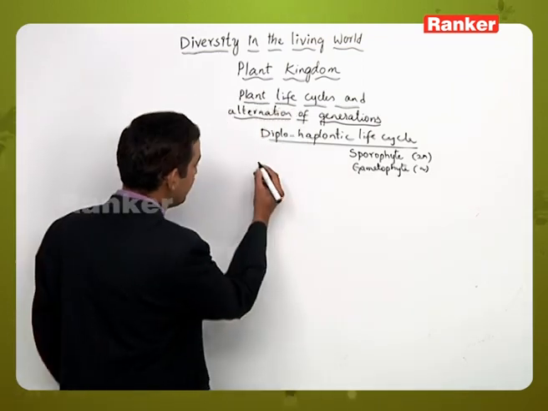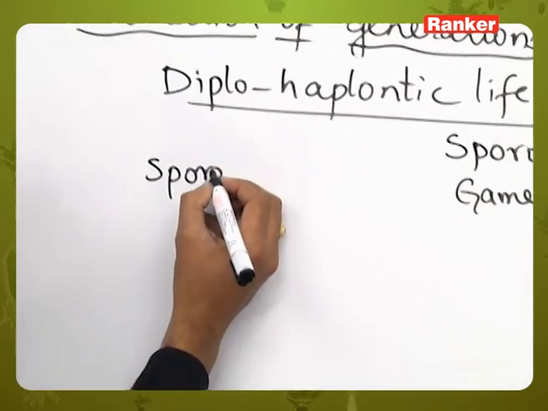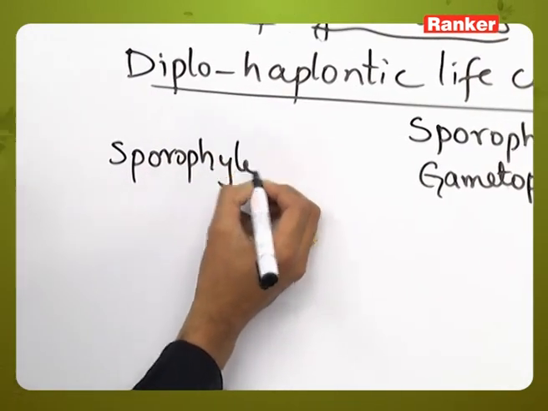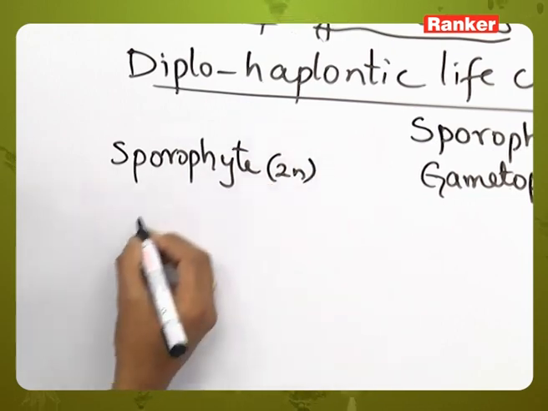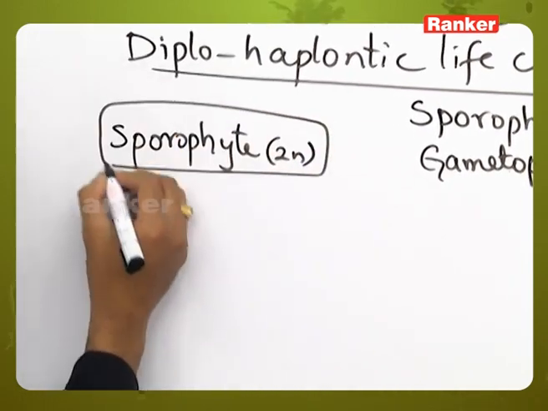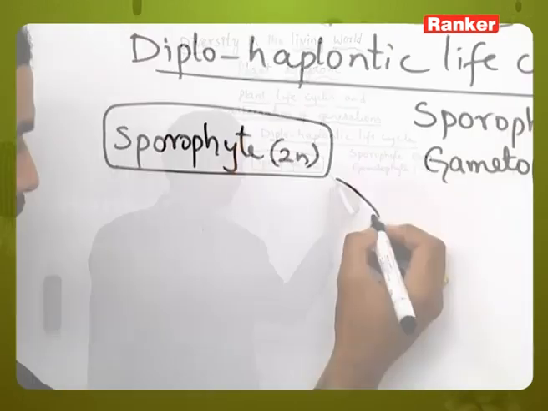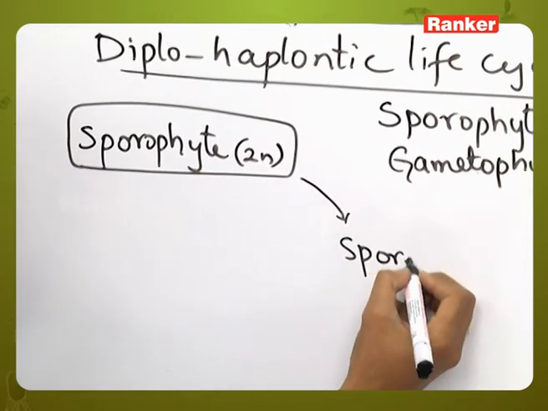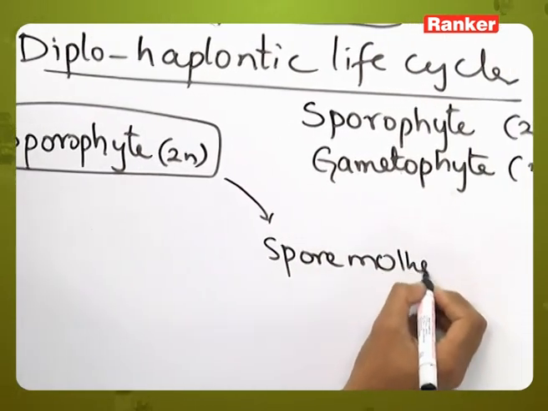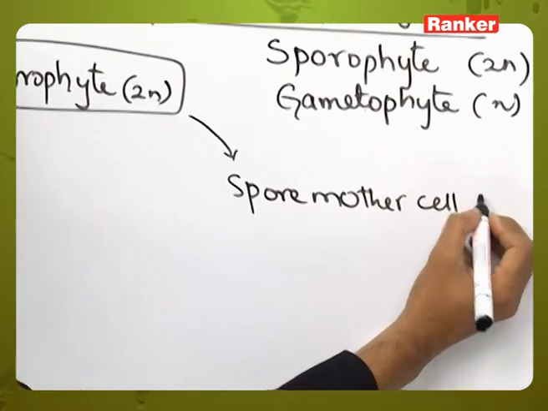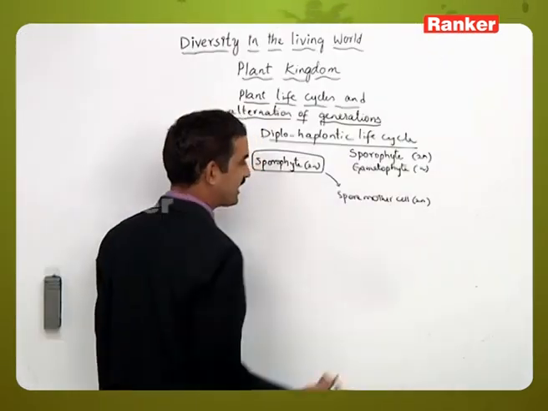Then let's start here with the sporophyte plant. Here the sporophyte plant will produce the spore mother cells. The spore mother cells are diploid in condition.